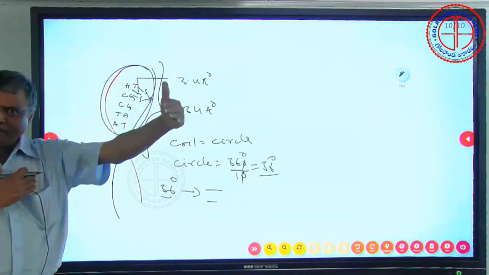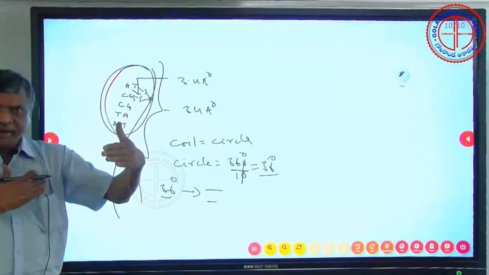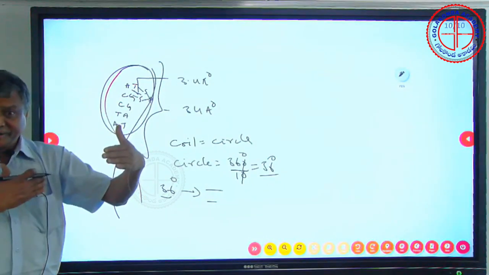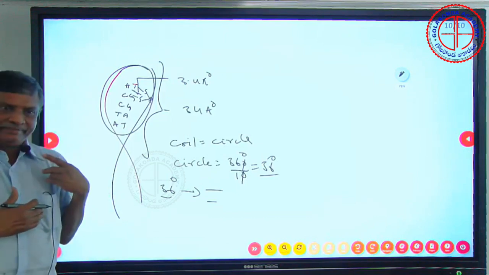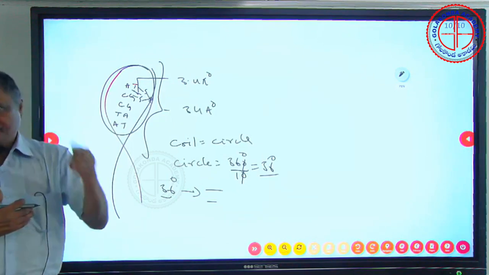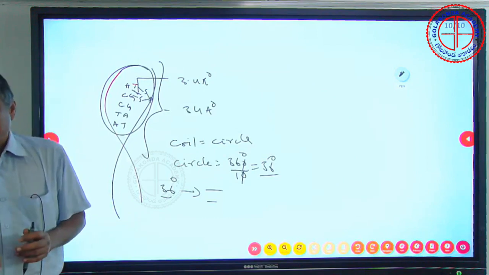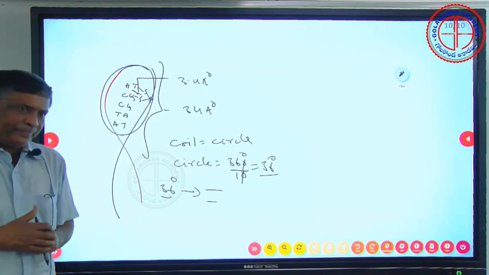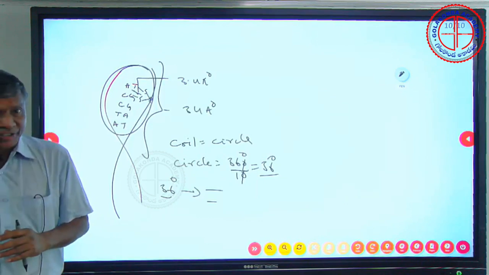The length of the coil is 34 angstroms. Between any orderly two nucleotides of the coil, they are arranged at a 36 degrees angle. How can we say the coil is in a circle condition? The circle is 360 degrees, filled with 10 pairs. For one pair, 360 by 10 gives the 36 degrees angle.